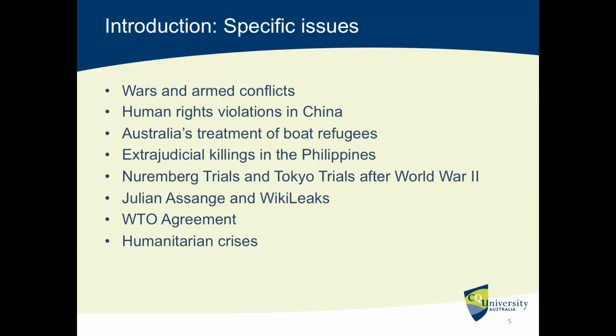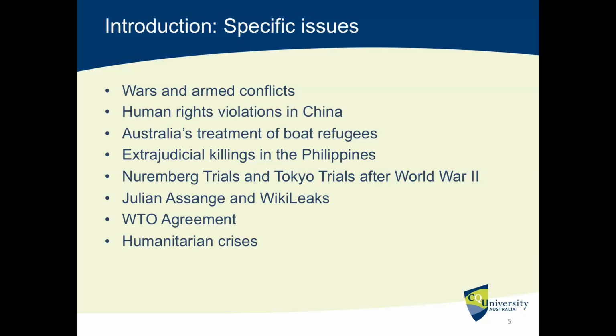And in that case, if there is a clear violation of certain human rights by a state against its own people, is there an international law rule that governs that conduct?